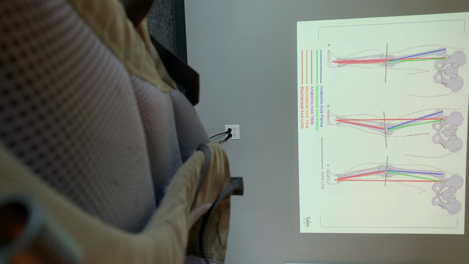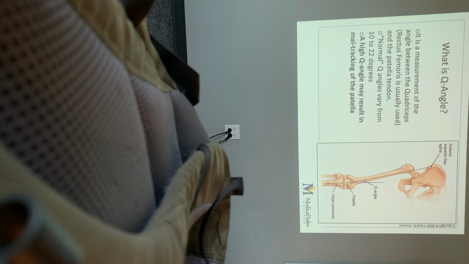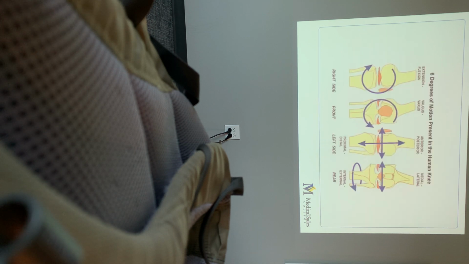No, that would be a valgus. Okay, some of you talked about the Q angle as well, that the tracking of the patella is quite important, and that's really all you need to know. Don't worry about the degrees, just what the Q angle does, and that's how it keeps the patella aligned.